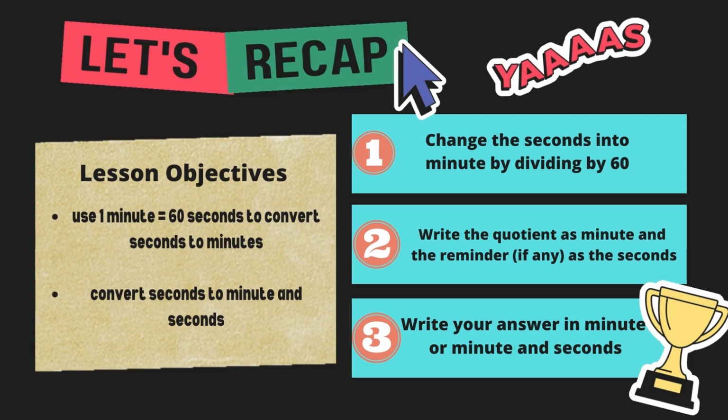Okay, 3 easy steps. First step is to divide the seconds by 60. Second, once you've done your division and got the answer, put your quotient as minutes and the remainder as your seconds. And lastly, just write your answer, whether it's in minutes or in minutes and seconds.